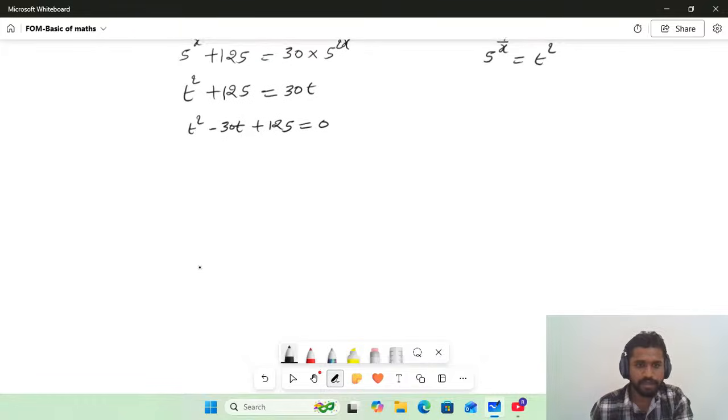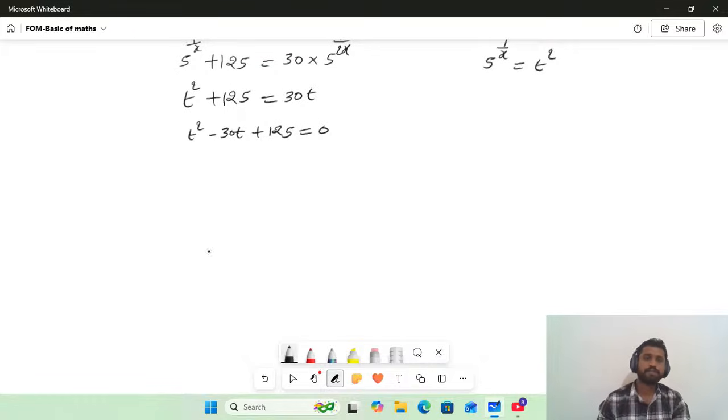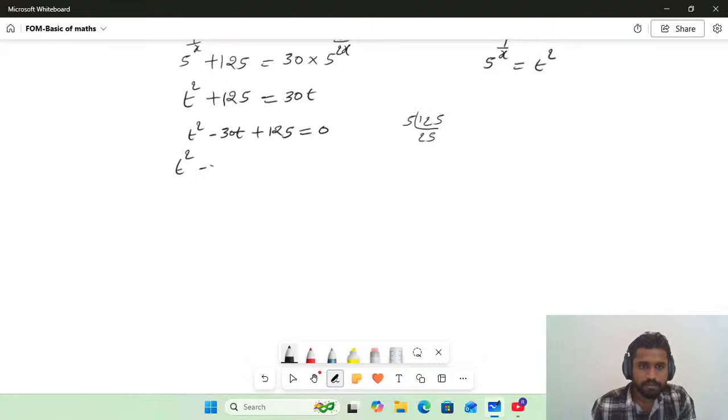How can we factorize this quadratic equation? We need to split the middle term. Here we can have 5 twenty-fives and 5 fives. Middle term we can split into minus 25t minus 5t plus 125 equals 0.